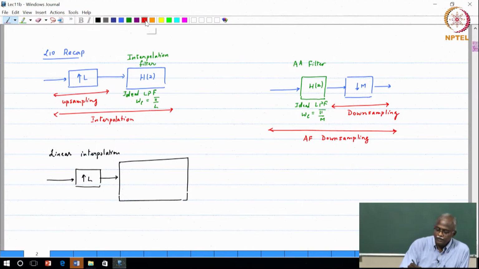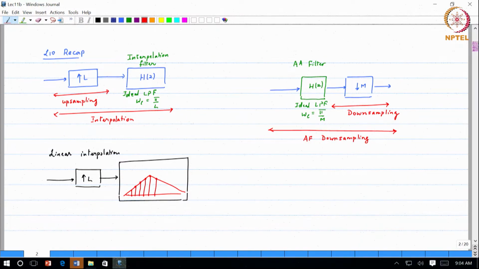In this case we used an interpolation filter which had a triangular response. Depending upon the value of L, you will have the size of your interpolation filter.